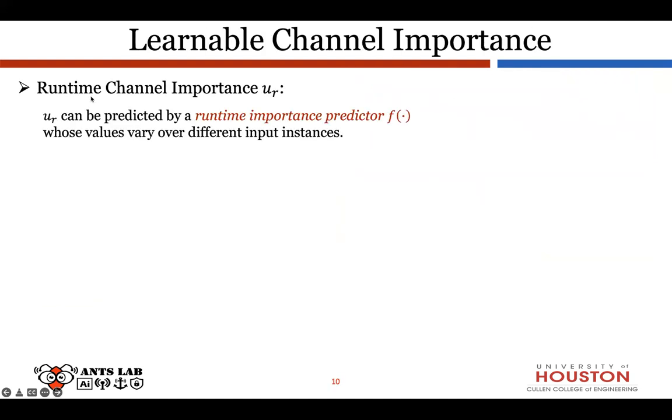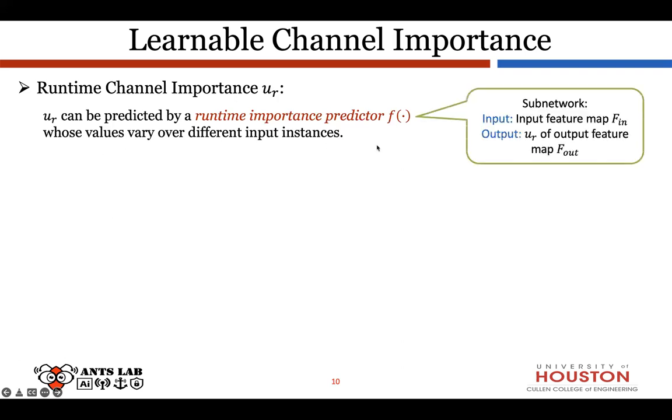Firstly, let's look at how to obtain the runtime channel importance vector UR. The UR can be predicted by a runtime importance predictor F, whose values vary over different input instances. In this paper, they use a subnetwork to approximate this runtime importance predictor.